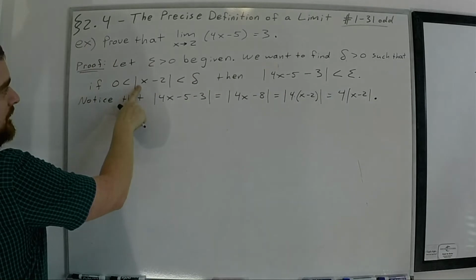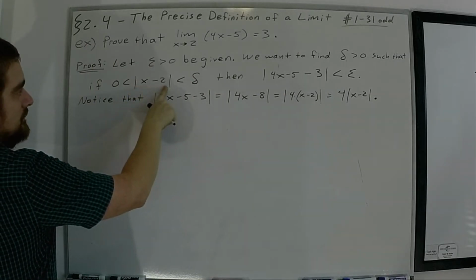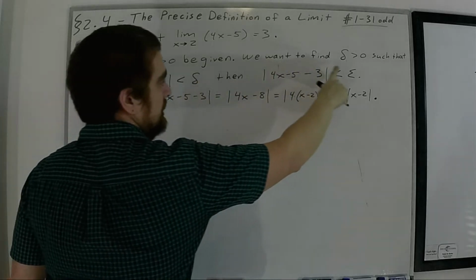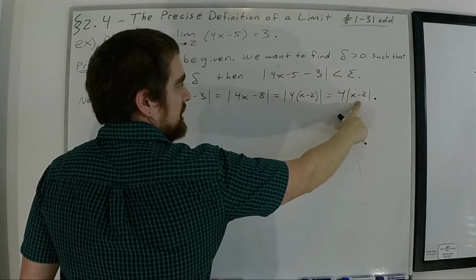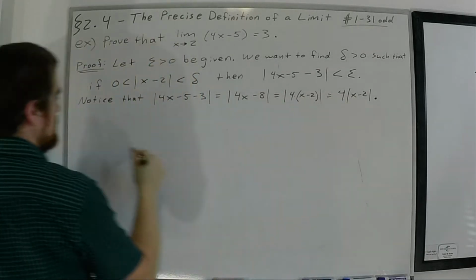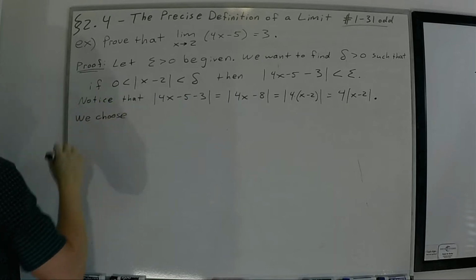What I'm after here, right? I want to keep the absolute value of x minus 2 less than delta, but it needs to depend on a given epsilon. Notice I've basically isolated this absolute value of x minus 2. This means that we choose, and again, we get to pick the delta.